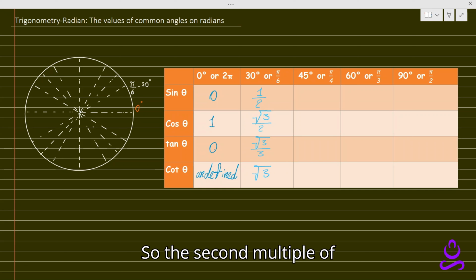So the second multiple of 30 degrees is 60 degrees, which is equal to 2 times pi over 6, resulting in pi over 3.